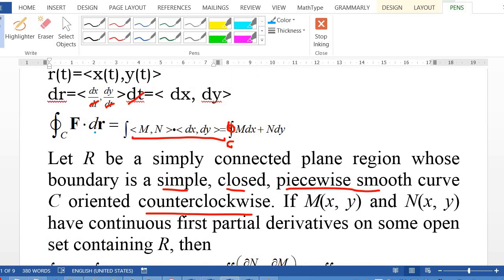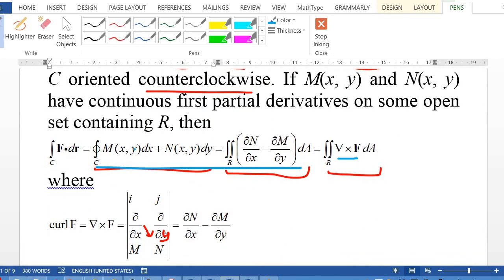Okay, the line integral of a vector field is equivalent to the line integral of a differential form. This equals this, and equals this. So Green's theorem means the curve C in 2D closes to form the region R. For example, if your curve C is a rectangle, you have 4 curves.